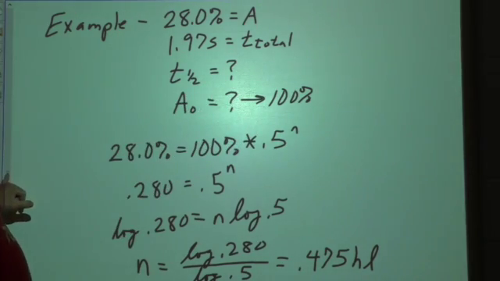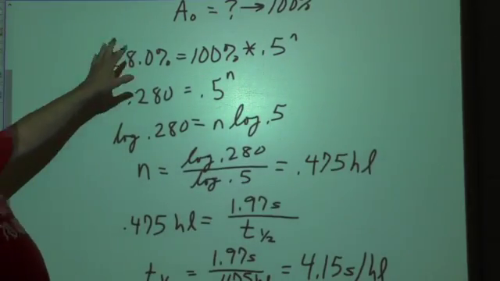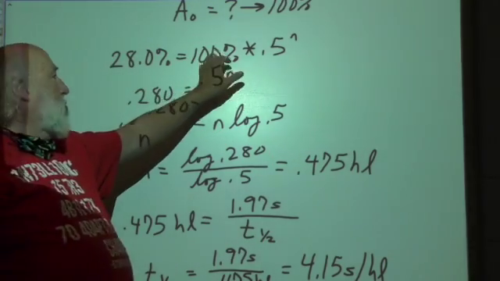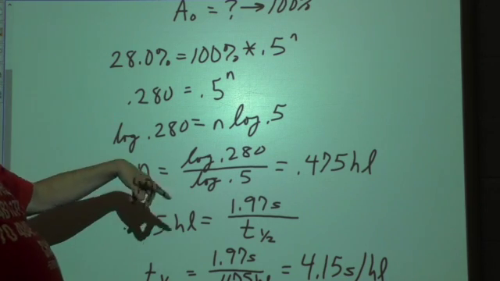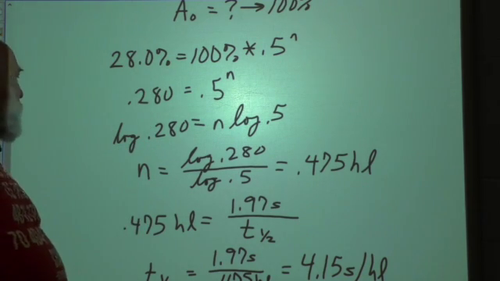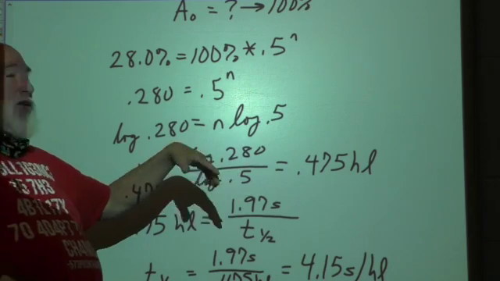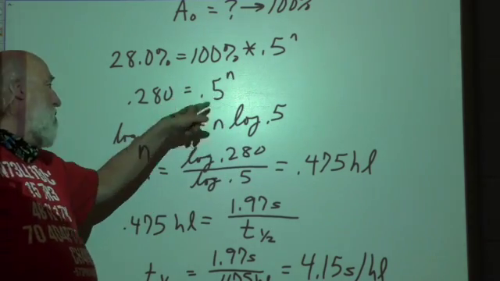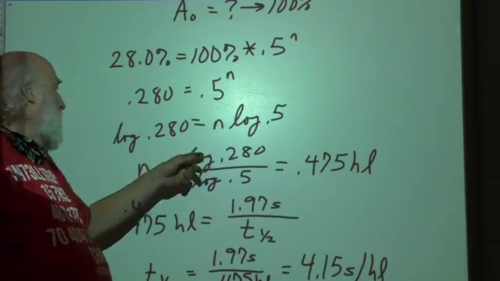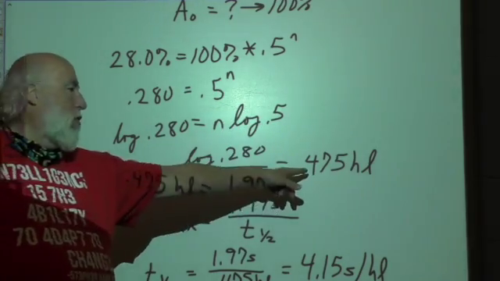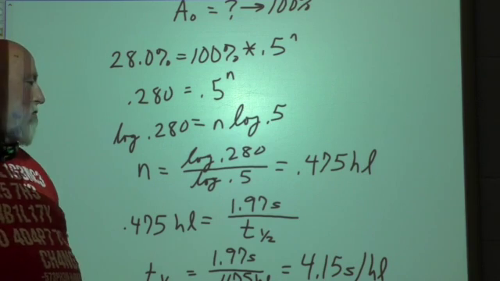So we go back to the same formula we did in the last example. 28% is the amount, 100% is the original amount, times 0.5 to the n power. Divide both sides by 100%, you get 0.280. Take the log of both sides. Again, we do that to get this n out of here and put it in front. Divide by log 0.5 to get the n by itself, and we get 0.475 half-lives.